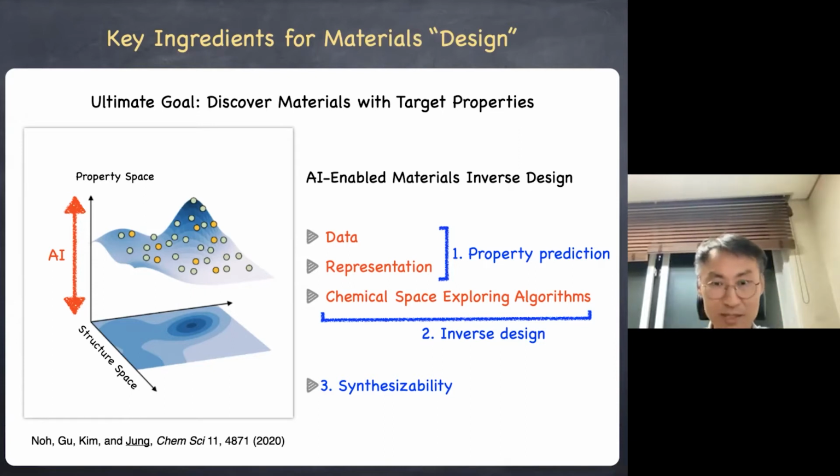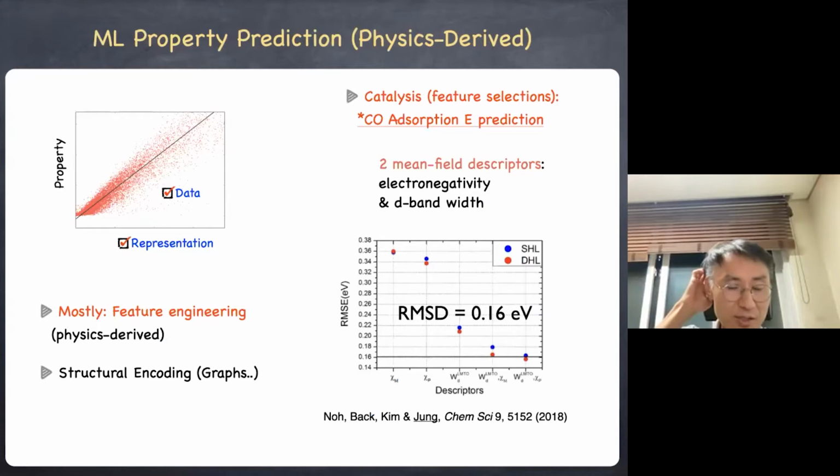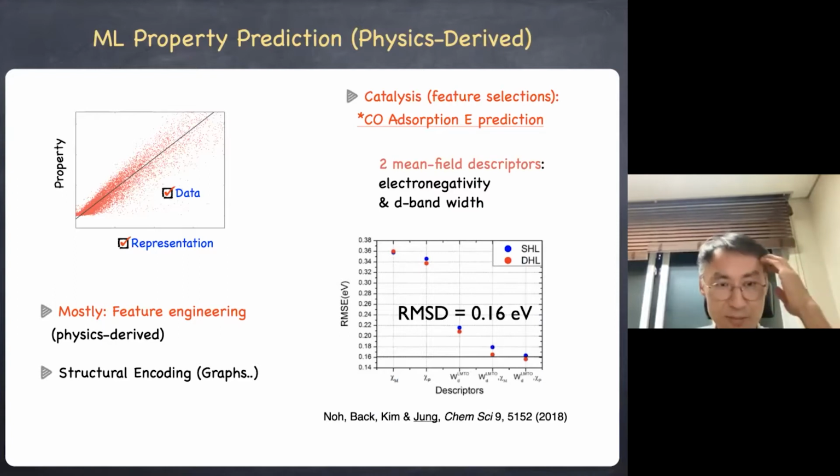So that'll be a short intro of my talk, and I'll start with the property prediction. Like I said, once you have the data and representation, then you can perform simple regressions and make a property prediction model. And so far, these kinds of prediction models are mainly based on feature engineering. In other words, you basically come up with features that would represent the physics of the property that you are interested in.